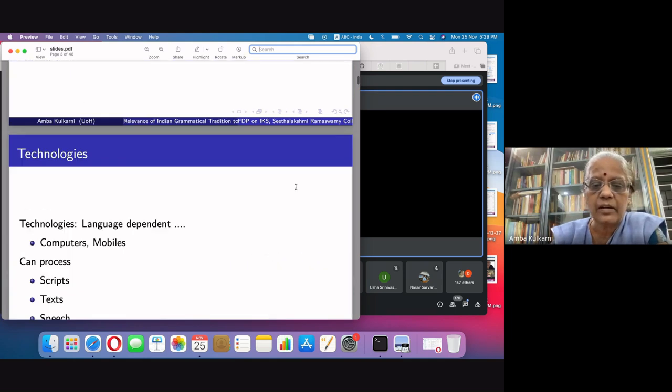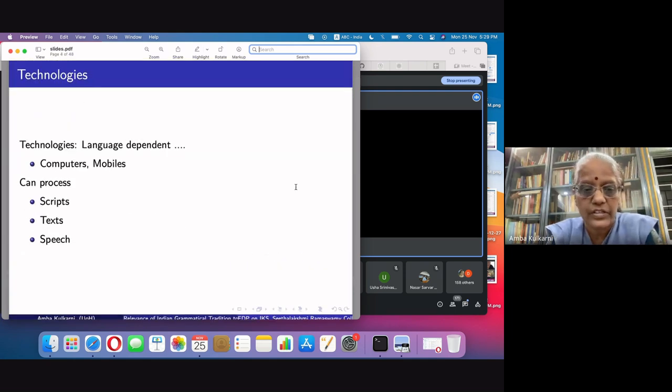But there are some language dependent technologies, such as computers and mobiles. Those who used computers or mobiles maybe 10, 20 years ago might have noticed that in those days, on mobiles, we were able to type only using the English keyboard.